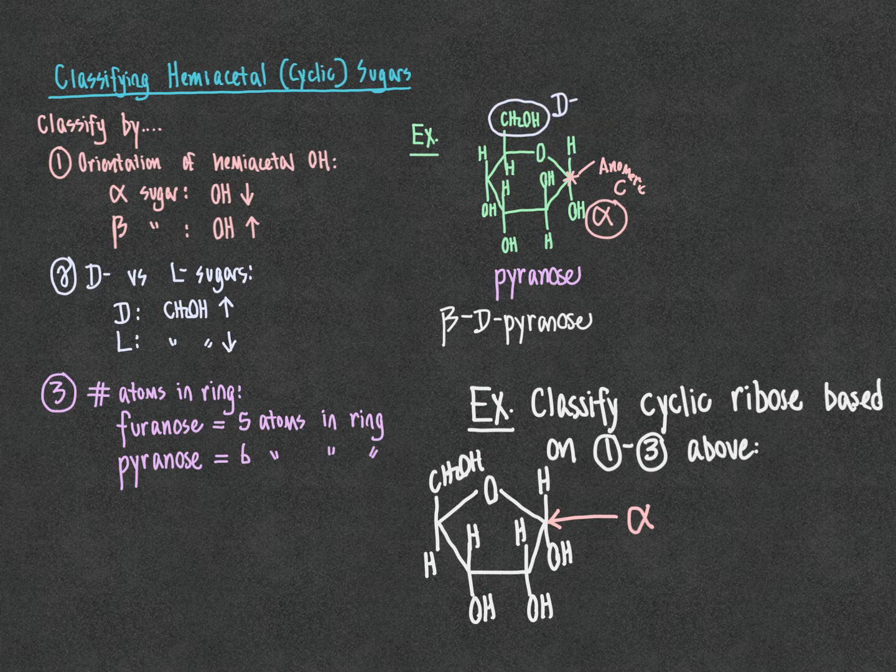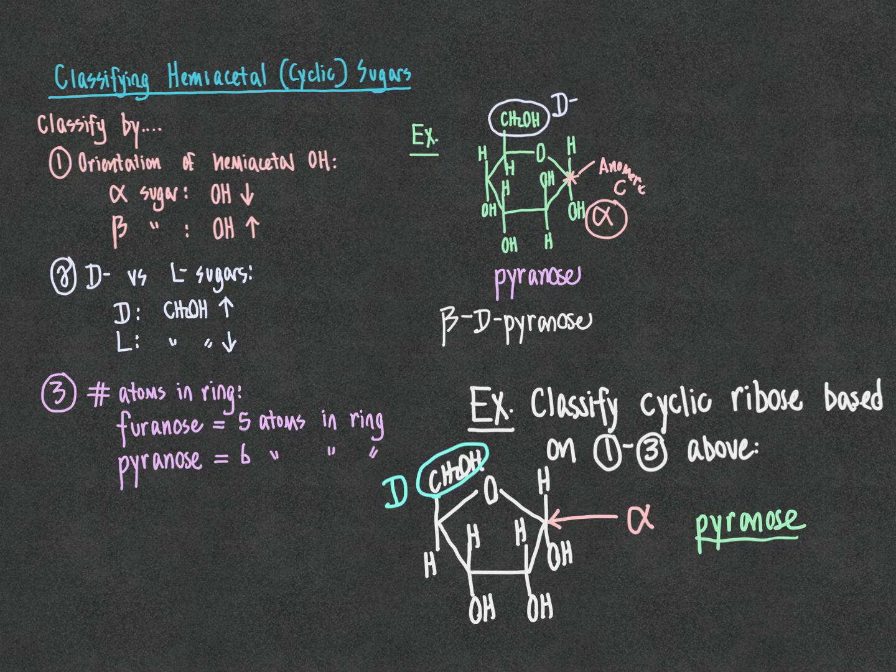Looking at this position, the CH2OH group is oriented up, and so we describe this as a D sugar. Then we come to the next position, and at this spot, we talk about whether the number of atoms in the ring is 5 or 6. The number is 5, so we refer to this and classify it as a furanose.